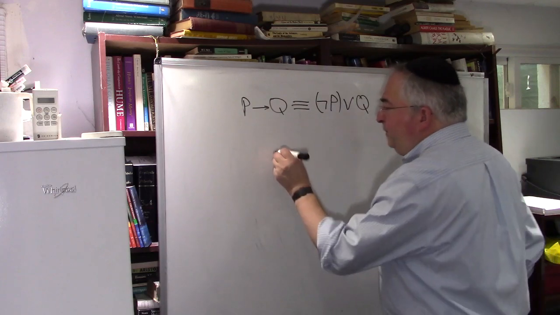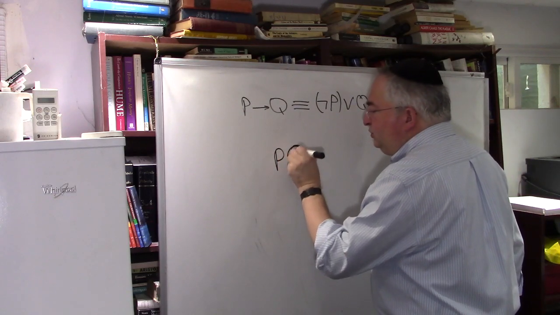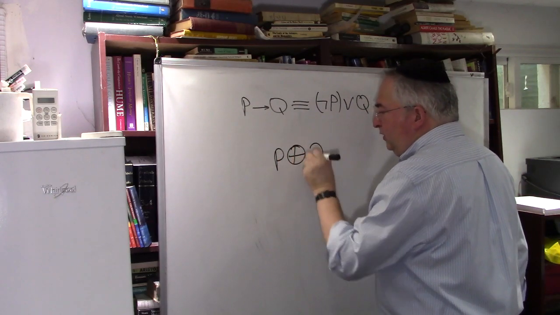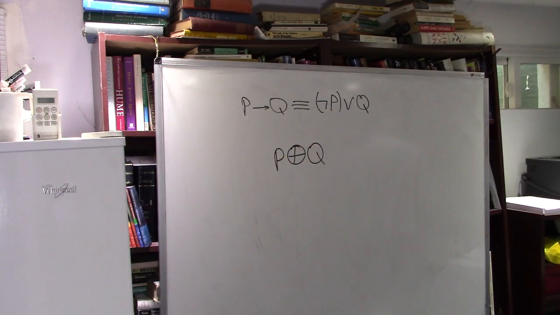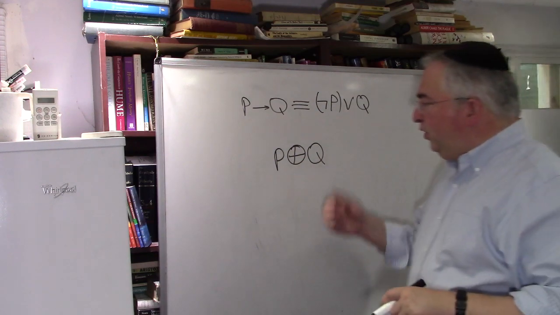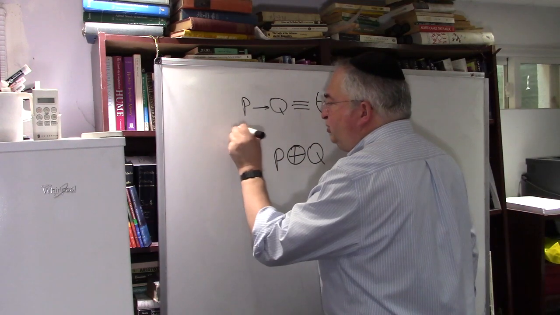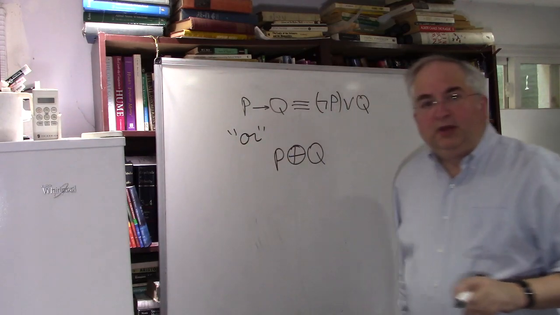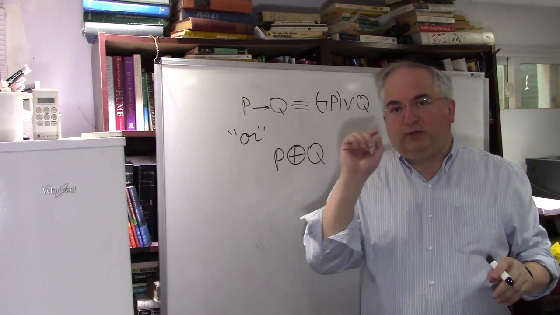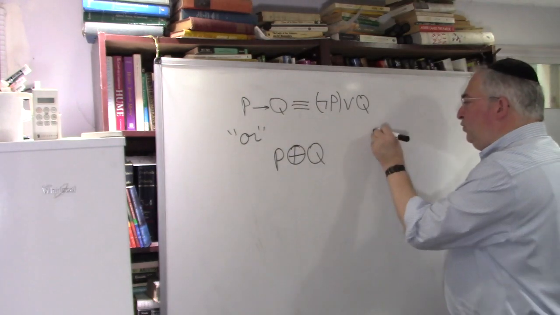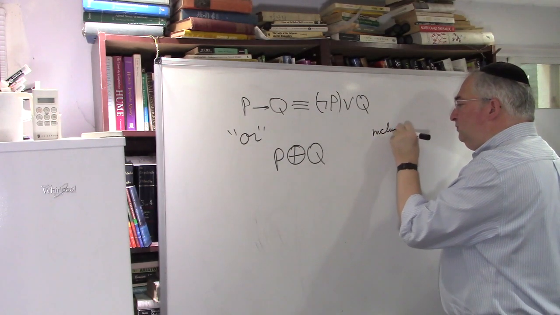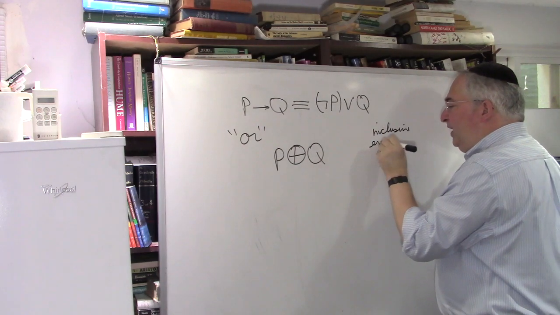P exclusive or Q. Just make sure that I have exclusive or. So the word or in English has two different meanings. It's very interesting. Almost in every other language, the word or has two meanings. One is called an inclusive or, and one is called exclusive.